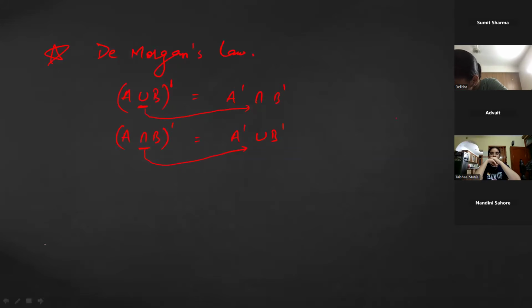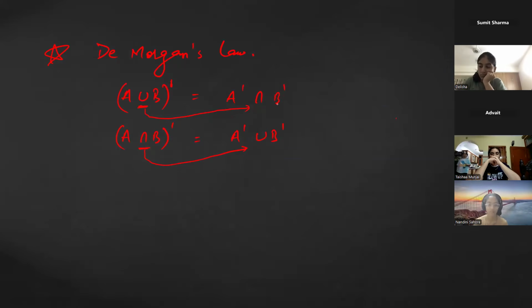So we have the first De Morgan's law: A union B whole complement is equal to A complement intersection B complement, right? So basically, complement means you have to find the difference of the set with respect to the universal set, right?